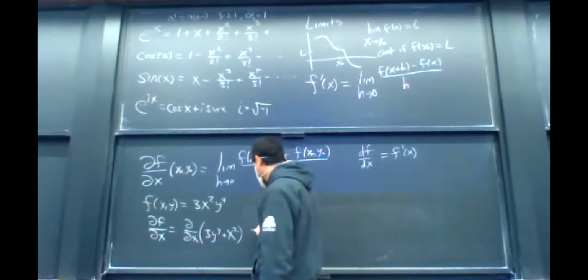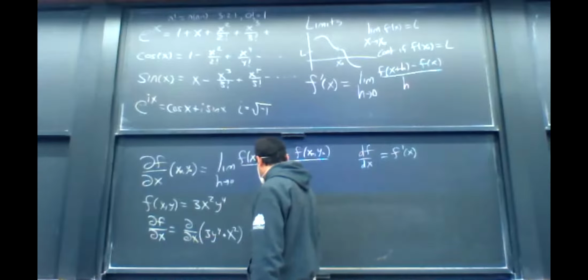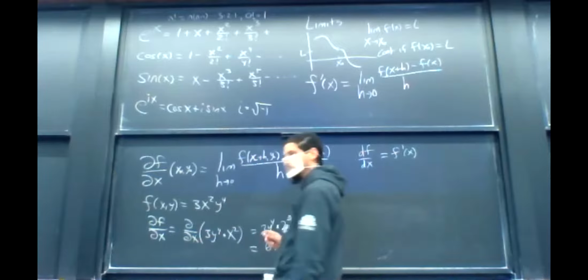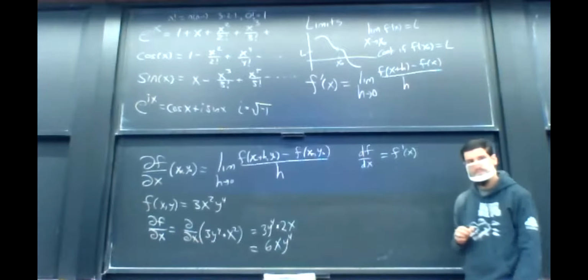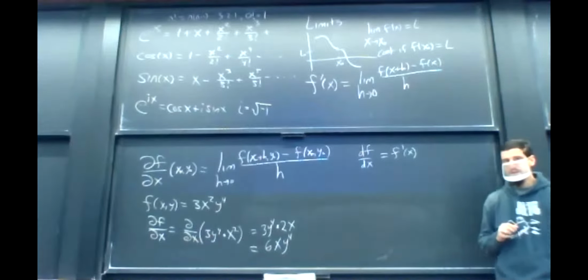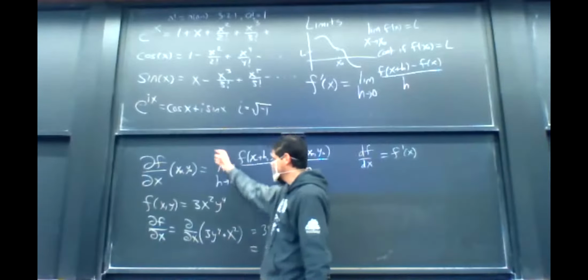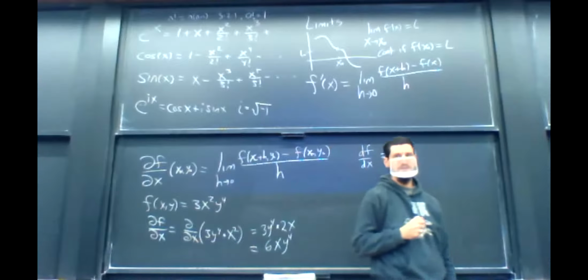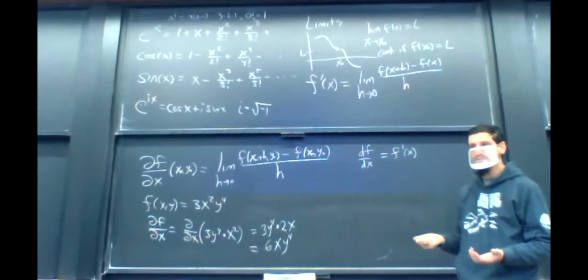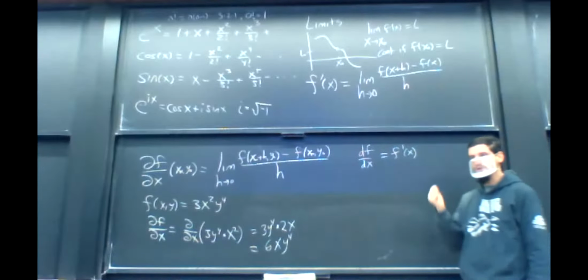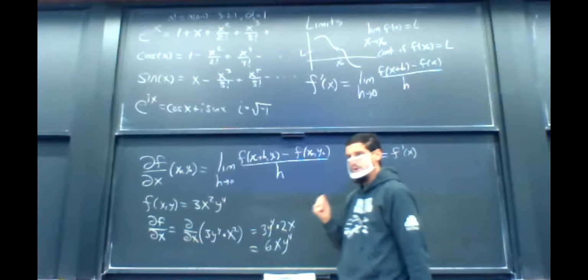So this derivative is just going to be 3y to the 4th times 2x, or more commonly, 6x times y to the 4th. So an entire large chunk of the course is essentially this small little segment right here. If I give you a function of several variables and I want the partial derivatives, just hold all variables but one constant.